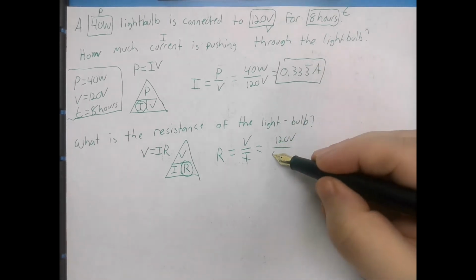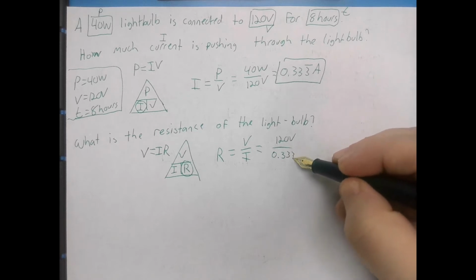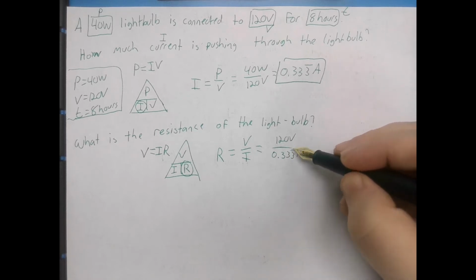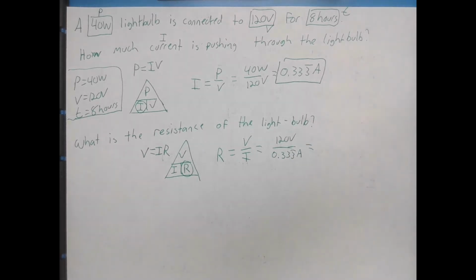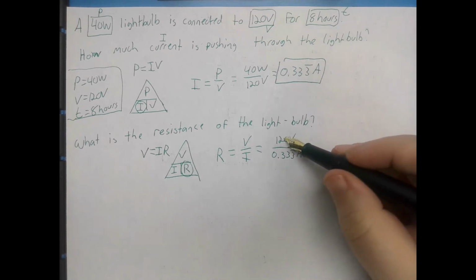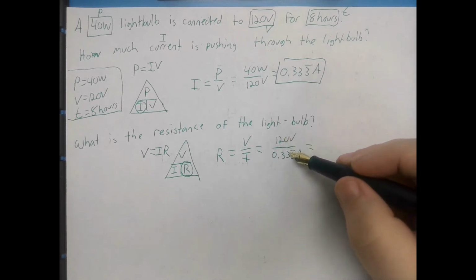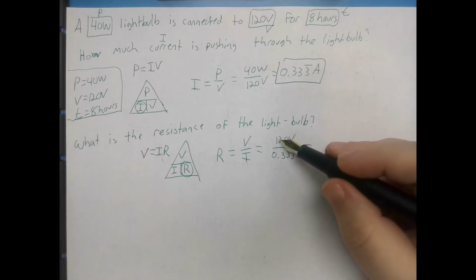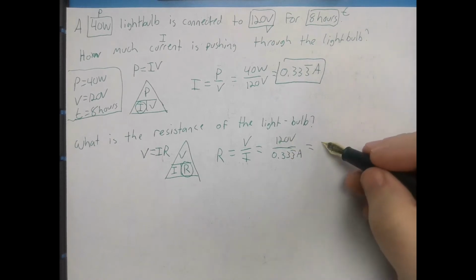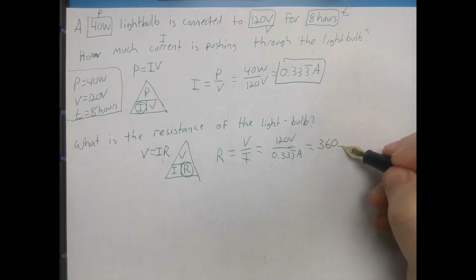For current, we previously saw a third of an amp. So 120 volts divided by basically a third of an amp, dividing by a fraction is the same as multiplying by the reciprocal. So 120 times 3 is 360 ohms.